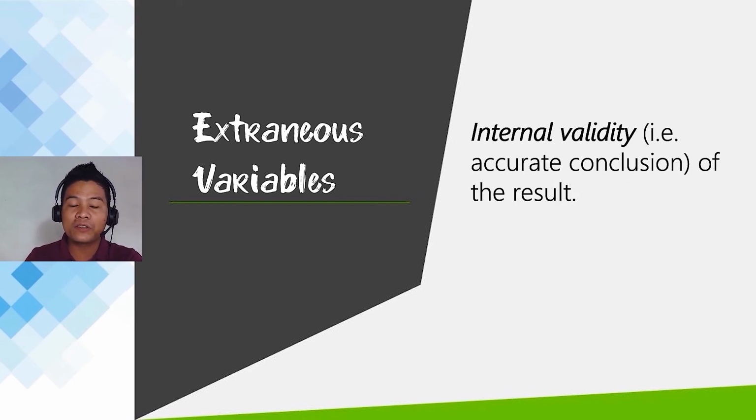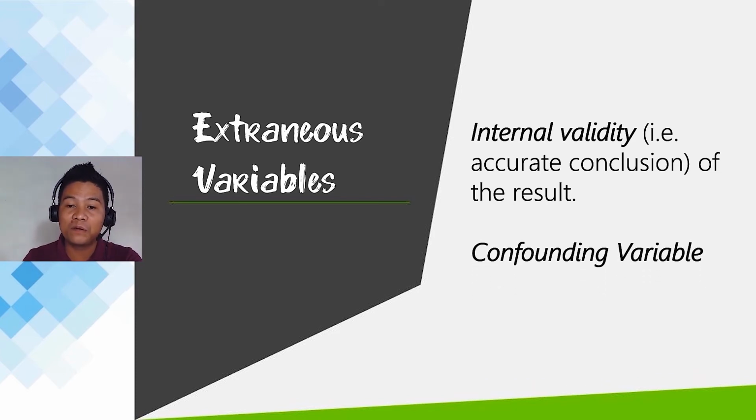Controlling the extraneous variable can be done by holding it constant or distributing its effect across the treatment. When the researcher fails to control the extraneous variable, and it causes considerable effect to the outcome, the extraneous variable becomes a confounding variable.